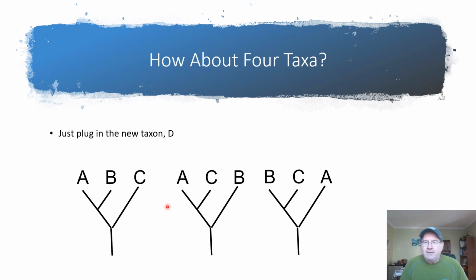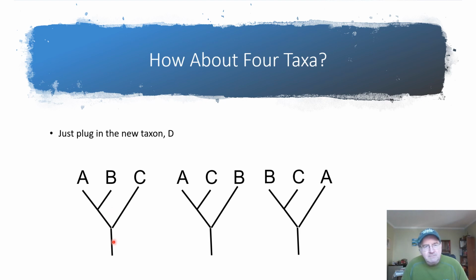Well, one way to calculate that is to take your 3 trees for 3 taxa and now add a new taxon D. So I could take D and say, oh, it's closest to A and put it right there. Or maybe it's closest to B, put it right there. Or maybe it's closest to C and put it right there. Or maybe it's closest to the combination of A and B and have it arise here.